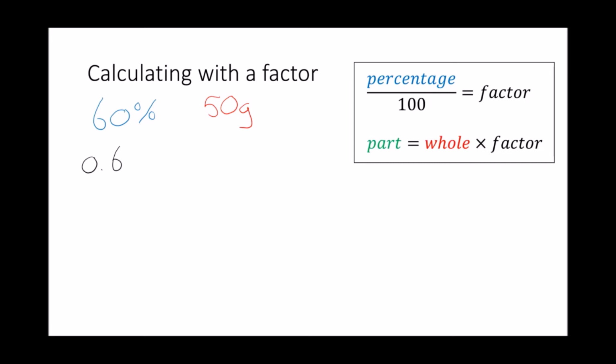So we literally just multiply the whole by the factor. So to get that part that we need, we take our 50 grams and we multiply it by our factor to get that the part we need is 50 times 0.6 is 30 grams.